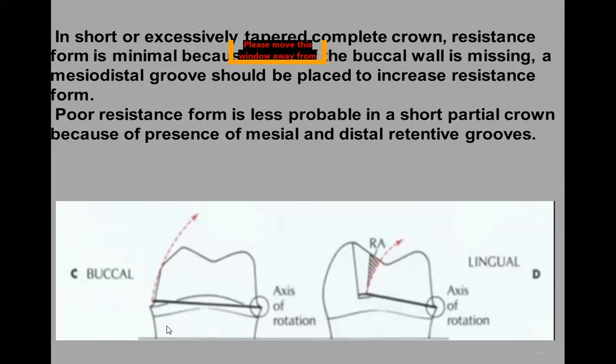Again, look at picture C. You see that it is an increased tapered preparation and a slightly shorter length of the preparation. You see the line or the curve or the arrow of movement. It will not pass within the tooth structure. That means we will have no resistance in this preparation due to the over-tapered or shortened preparation.